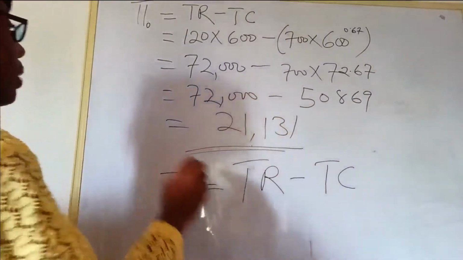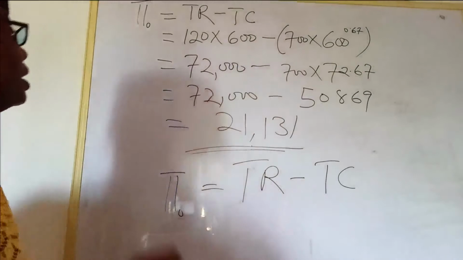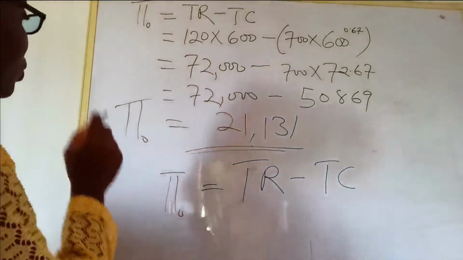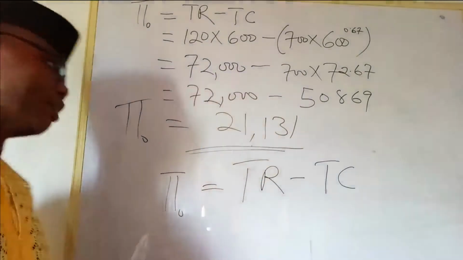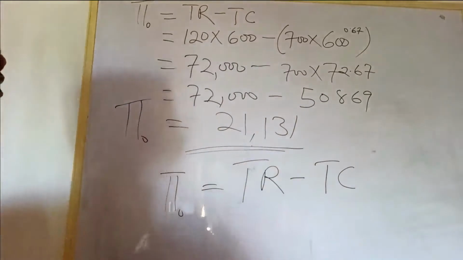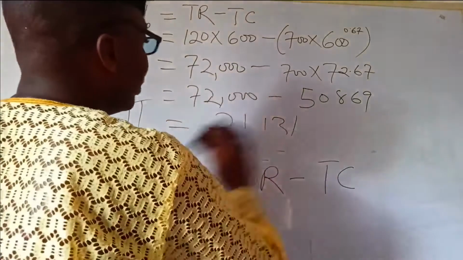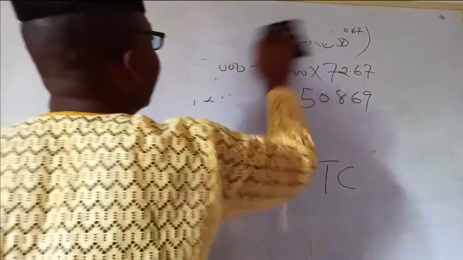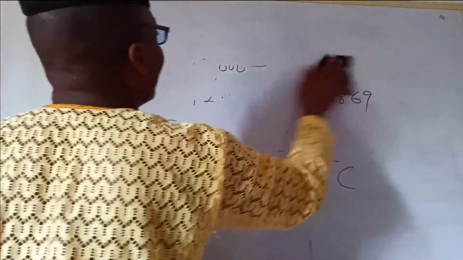Initial profit, pi subscript naught, will be 21,131. You can take this down, pause the video, rewind, do whatever you want to do, just grasp what we are trying to do here.